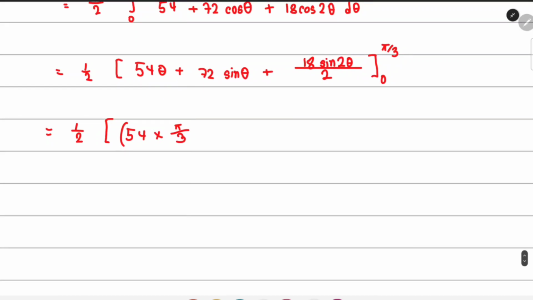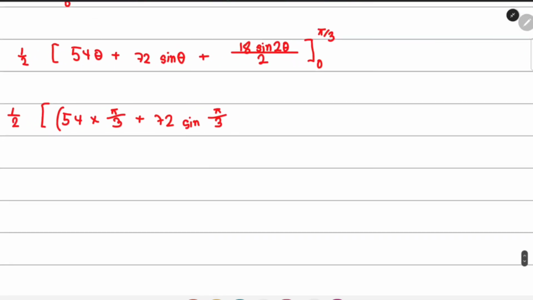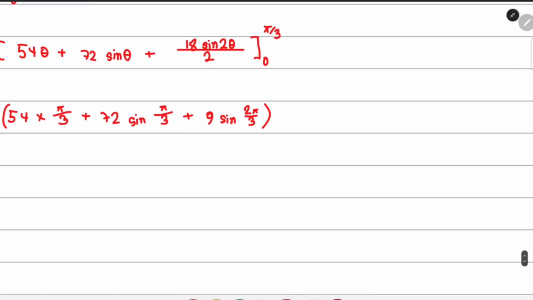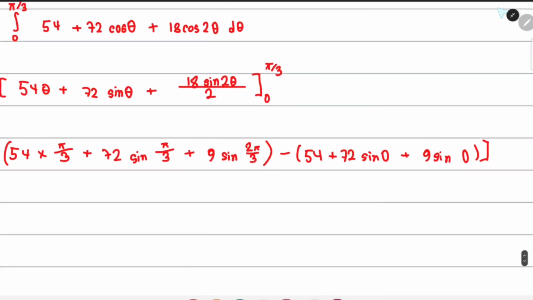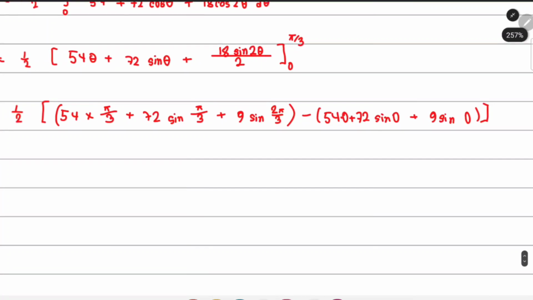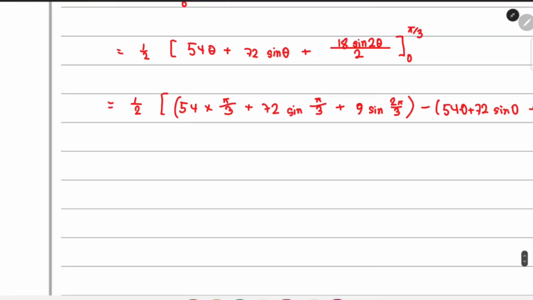So 54 into pi by 3 plus 72 sine pi by 3 plus 9 sine 2 pi by 3 minus 54 times 0, plus 72 sine 0 plus 9 sine 0.